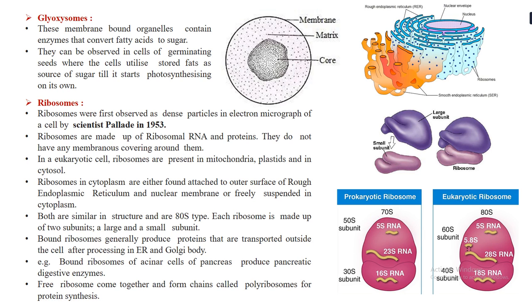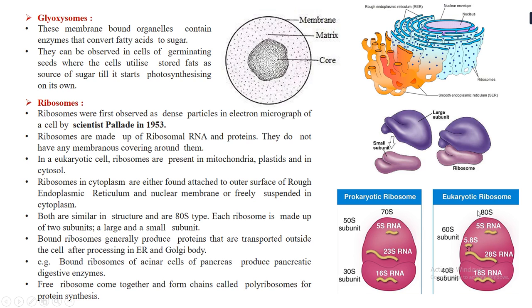So ribosomes are either found attached on the surface of the rough endoplasmic reticulum and the nuclear membrane, or they are just freely suspended in the cytoplasm of the cell. Speaking about the types of ribosomes, as I said previously, there are two types. Prokaryotic ribosome is called 70S ribosome, and eukaryotic ribosome is called 80S ribosome.